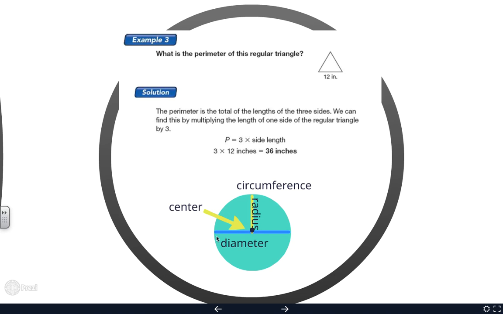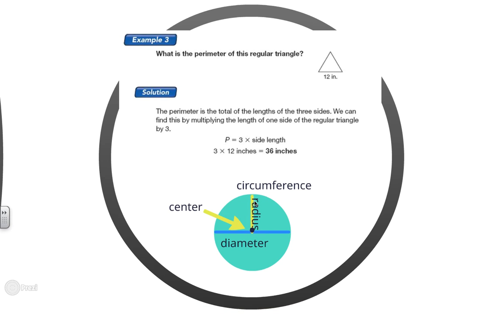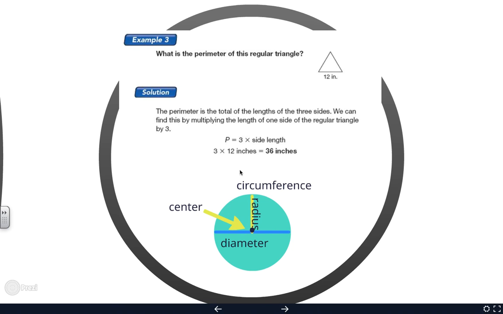So half of a diameter is also known as your radius. Tomorrow we'll be learning about how to measure circles, but I just needed to let you know what circumference, center, radius, and diameter were.